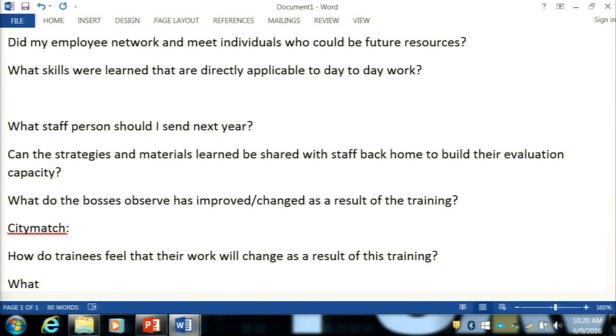Okay. What are the most successful and least successful parts of the training? But how would you measure success here?